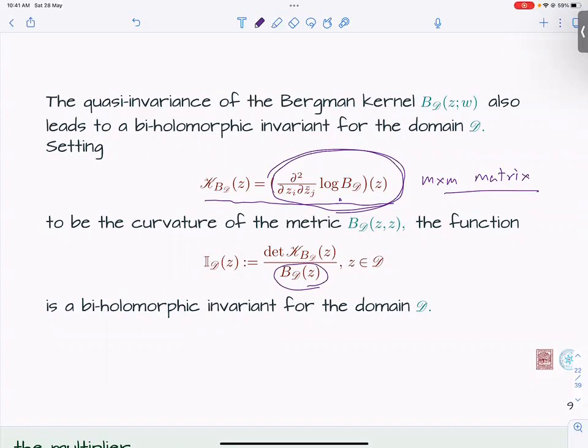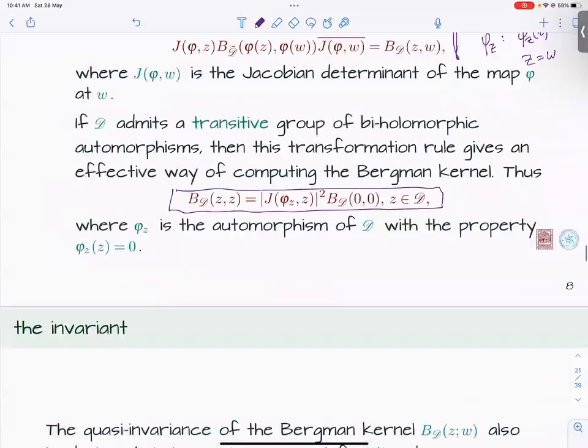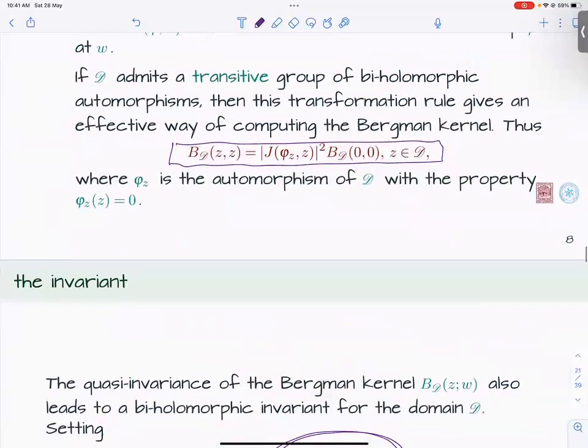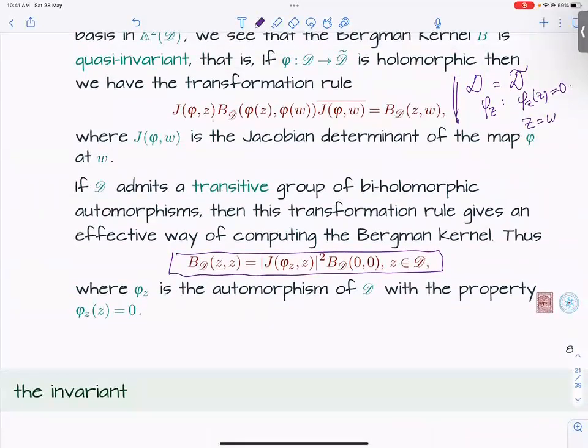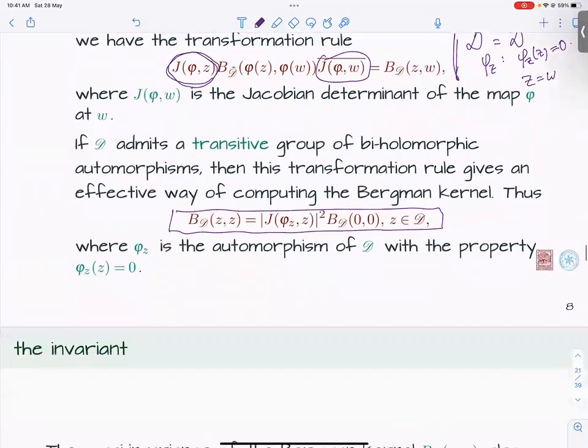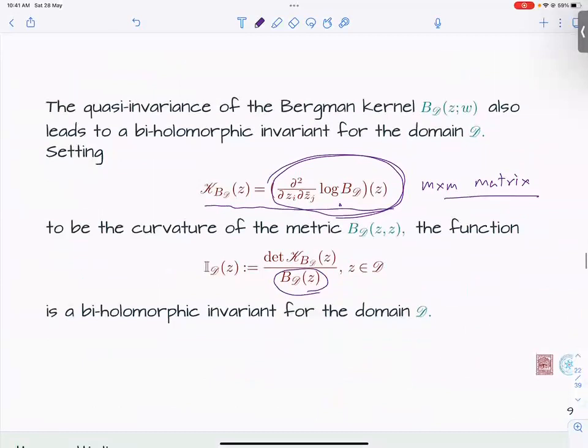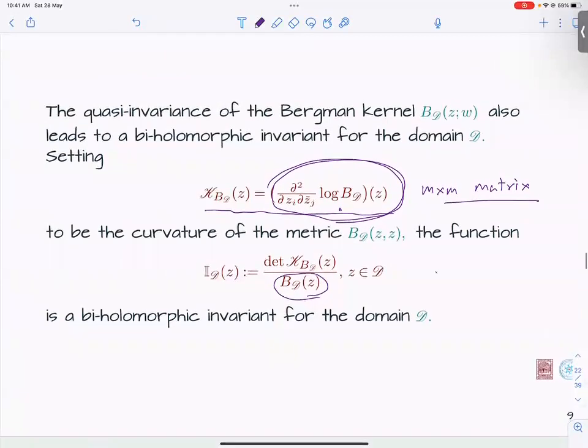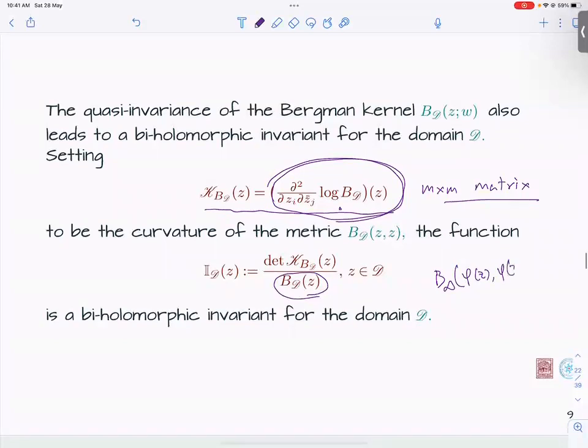So remember, the reason this K_D did not work was because it had this stupid determinant of the derivative. Now, what I want to do is to say, well, when you plug in K_D and when you plug in phi(z), phi(z). Actually, I should have written z comma z. It's actually two variables. Then there is a J of phi and J of phi bar that comes out.